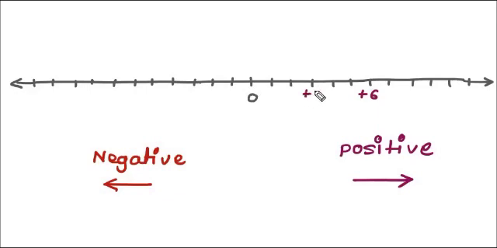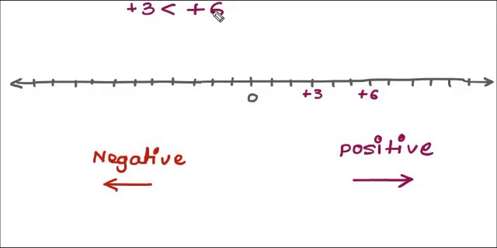Now out of these two numbers, plus 6 and plus 3, which number is on the left hand side? Obviously, plus 3 is on the left hand side. So the left hand side number is always smaller, and hence we can say plus 3 is smaller than plus 6. And we knew this. We have worked with whole numbers and we know 3 is smaller than 6.